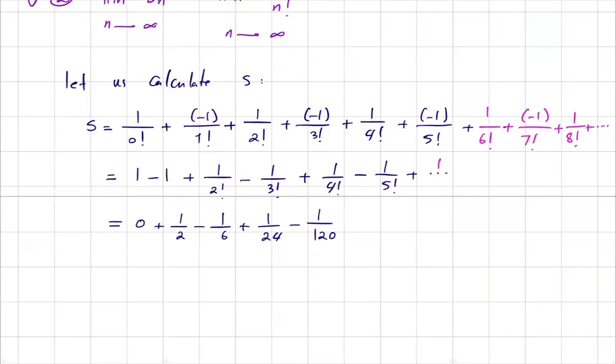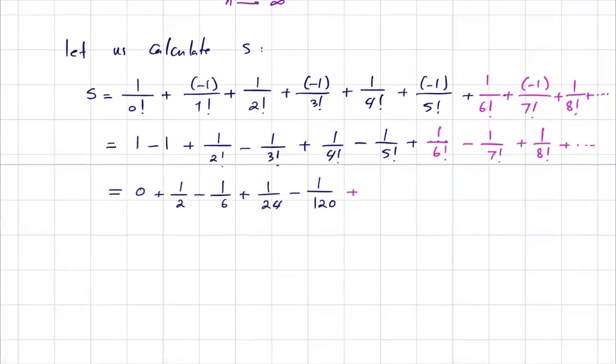If I use a calculator, give me a moment. 1 over 6 factorial, which is 1 over 720, minus 1 over 7 factorial. Let me multiply this by 7. I get 1 divided by 5,040 plus the rest of the terms.